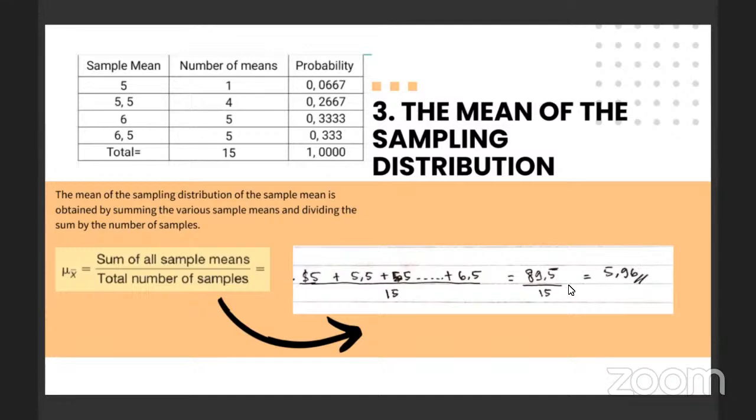So the equation for this question is mu x bar equals the sum of all sample means divided by the total number of samples: $5 plus 5.5 plus 5.5 and so on, divided by 15. So the result is 89.5 divided by 15, which is 5.96. Next.